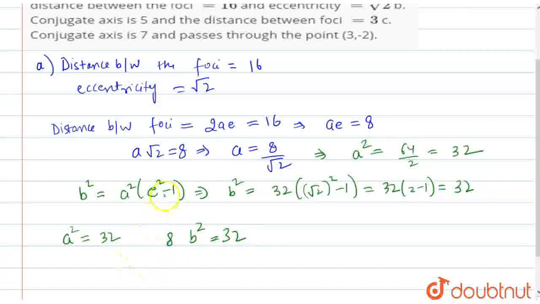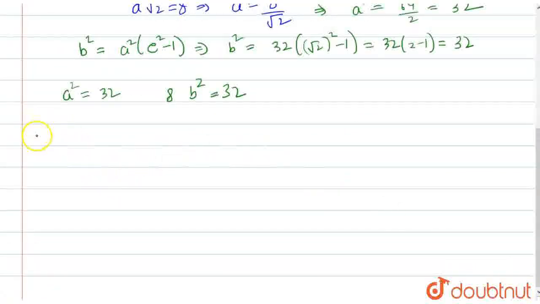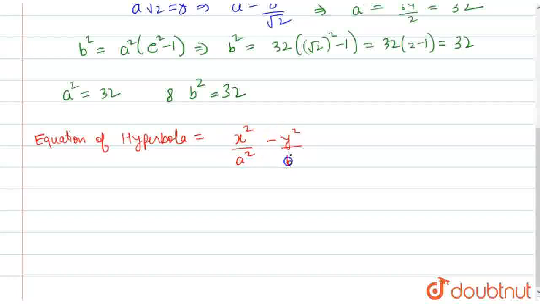So the equation of hyperbola is equal to x square upon a square minus y square upon b square is equal to 1.